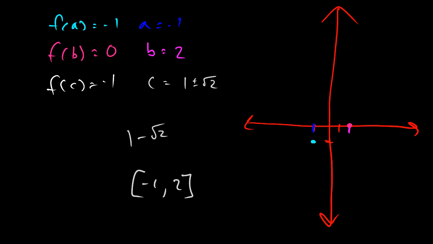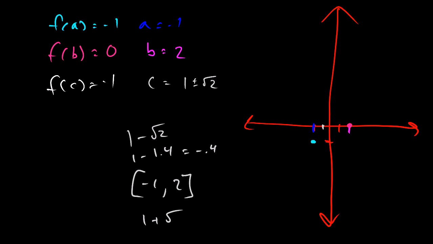Alright, some quick calculation on the calculator. Square root of 2 is 1.4, so it's 1 minus 1.4, which equals -0.4, not outside our interval. I lied. So we're at -0.4, so there's a c value here, and then 1 plus 1.4 is outside of it.